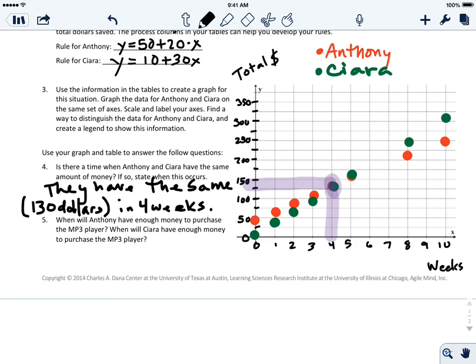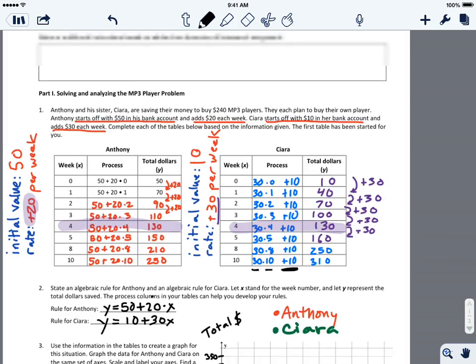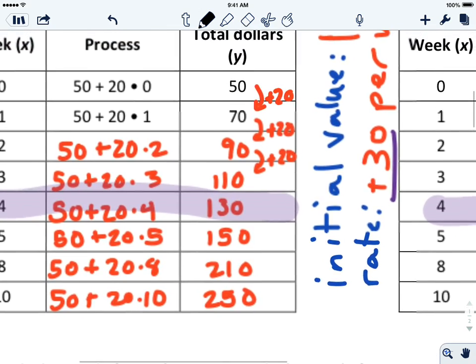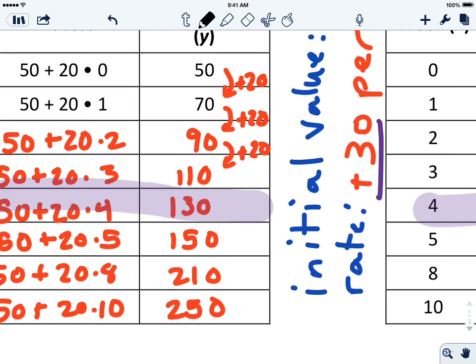All right, now when will Anthony have enough money to purchase the MP3 player? Let's look at Anthony's information. MP3 players, remember, are $240. And so I'm going to look at his total dollars here. 50, that's not enough. 70 is not enough. 90, 110, 130, 150, still not enough. 210, still not enough. He has enough here because 250 is more than 240.